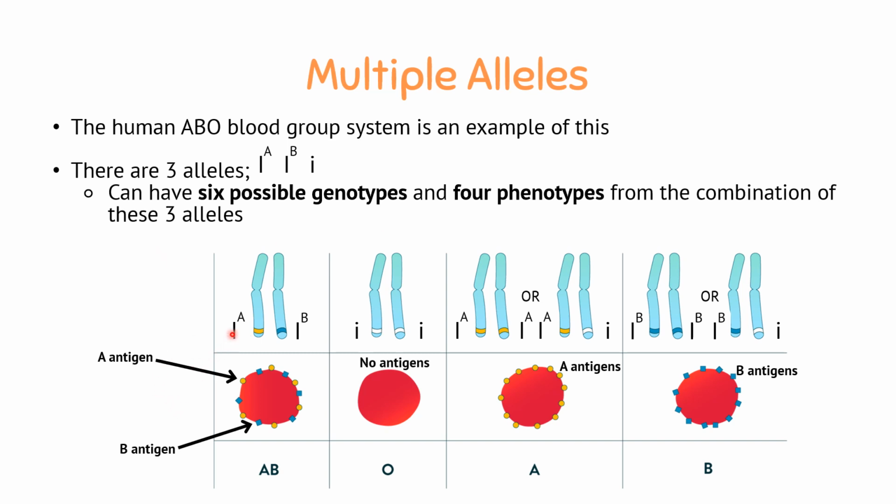You can have the A and B alleles and have AB blood group. You can have the recessive alleles and have an O blood group, or you can have 2 A alleles or an A and a recessive allele and have an A blood group. You can have 2 B alleles or a B and a recessive allele and have a B blood group.